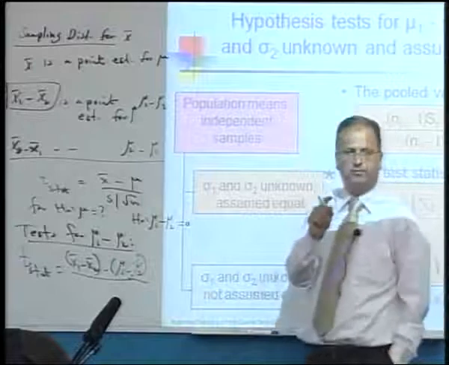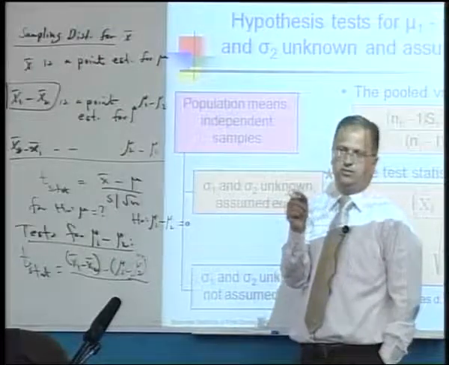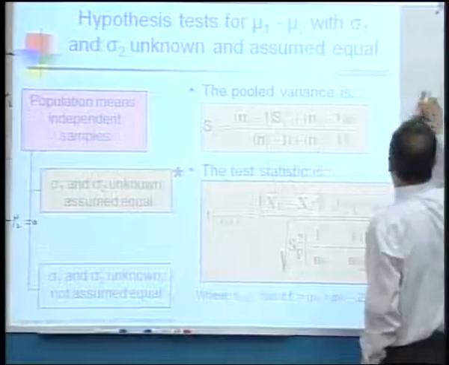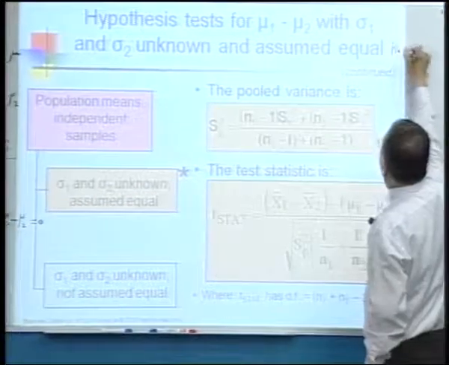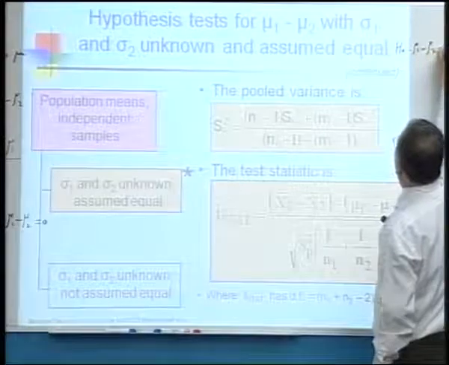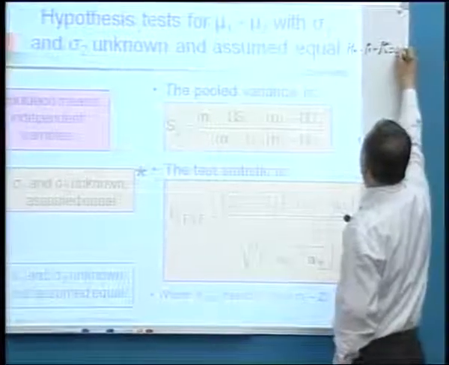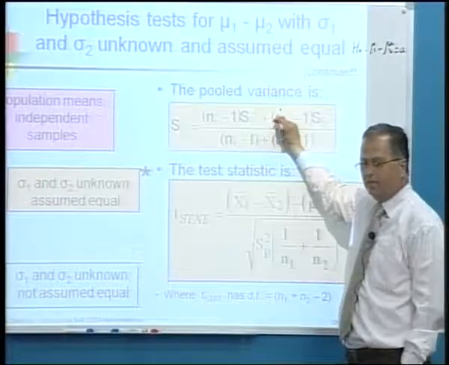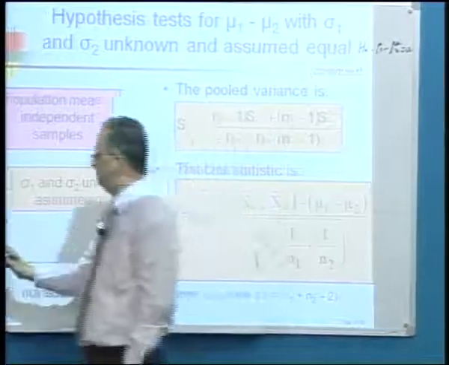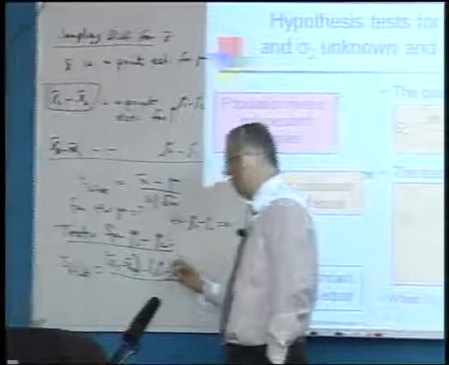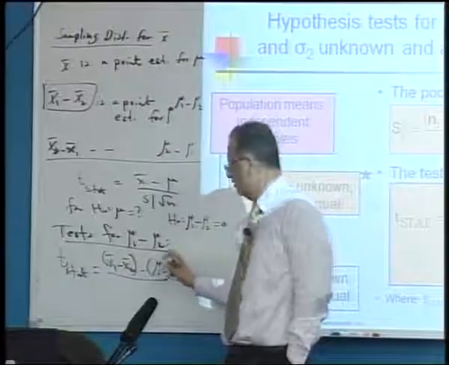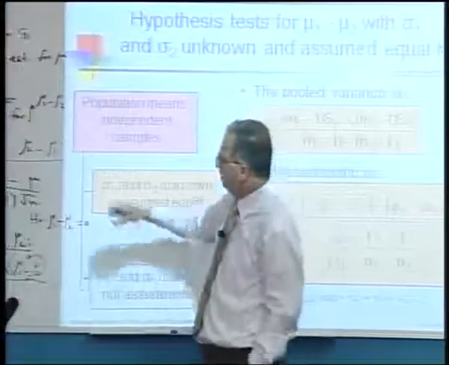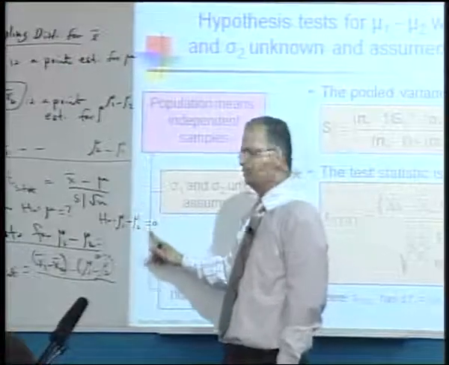In some cases, the difference between these two might equal, for example, A, where A is just a constant. In this case, you have to plug in A instead of mu1 minus mu2. But in most cases we will have the classical one, where the difference is 0.